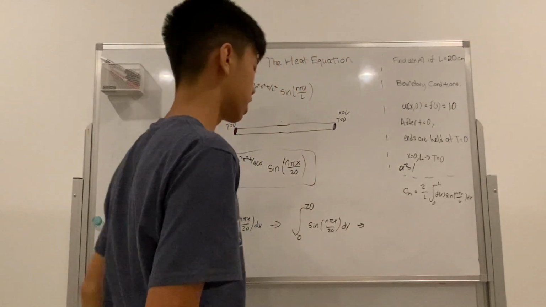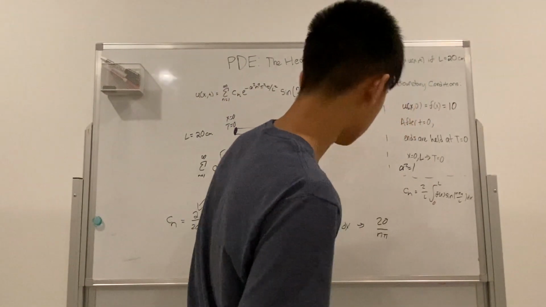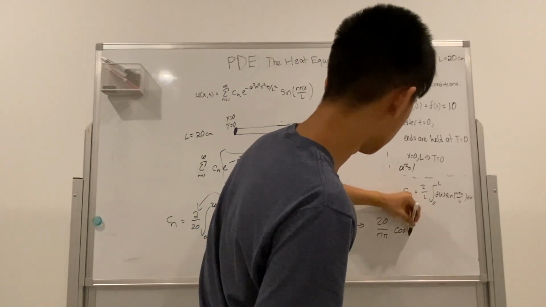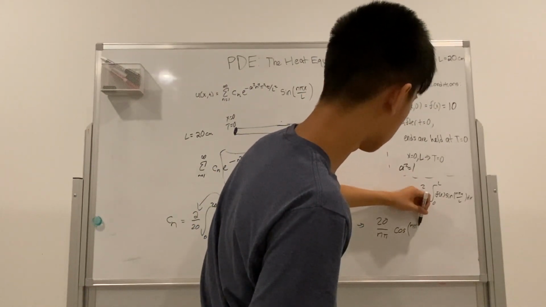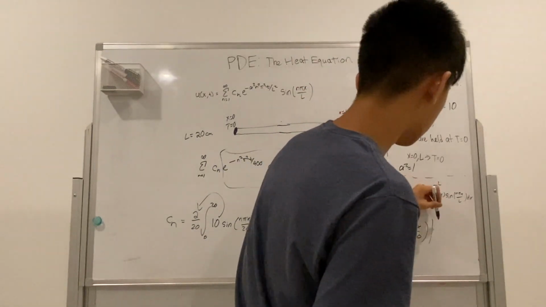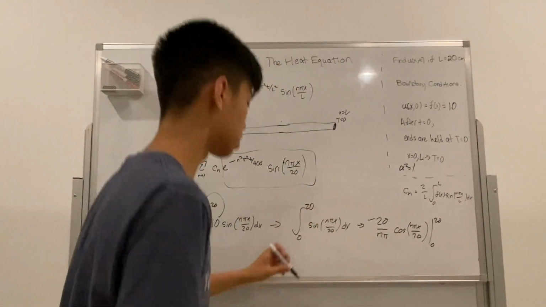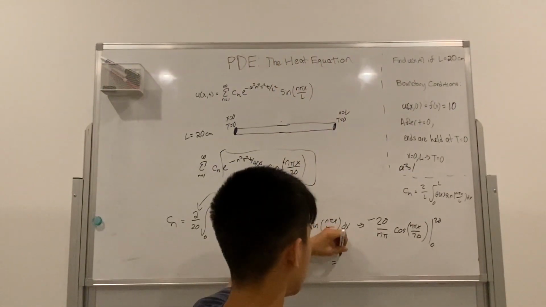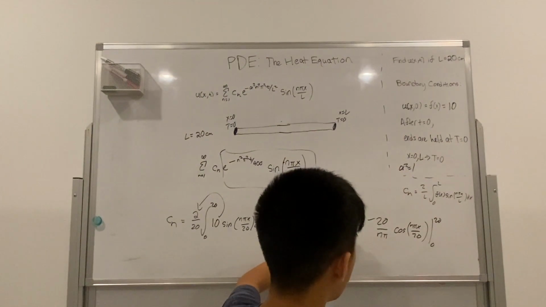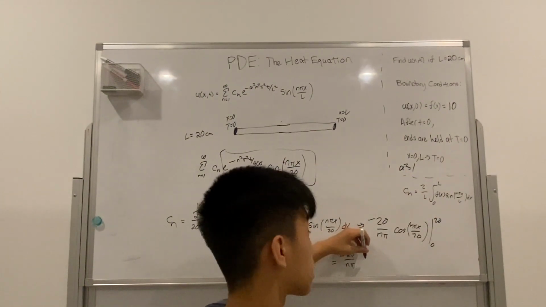If you take the antiderivative, that's 20 over n pi of cosine n pi x over 20. There's a negative sign, almost forgot that. Evaluated from 20 to 0. So this is going to equal negative 20 over n pi. You're differentiating with respect to x, so don't forget that.